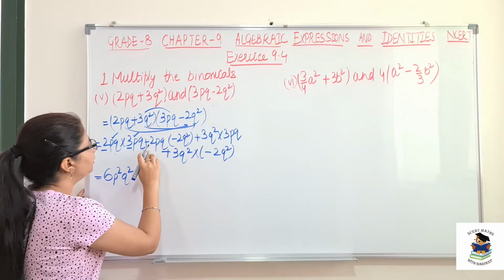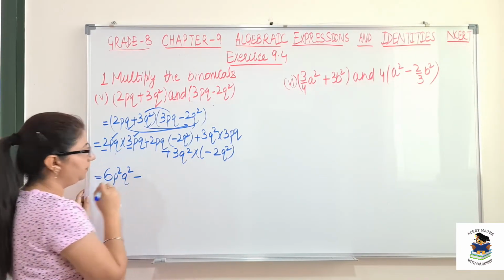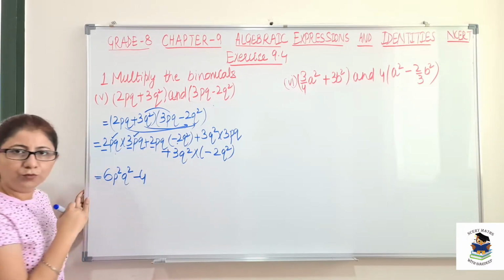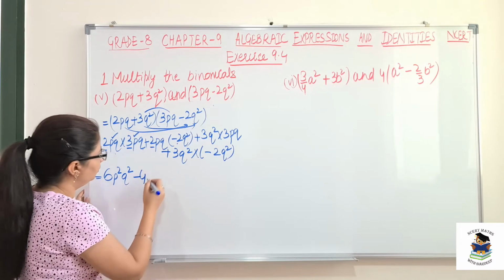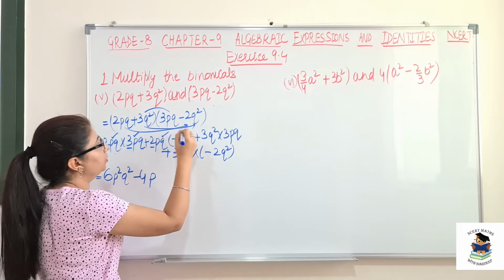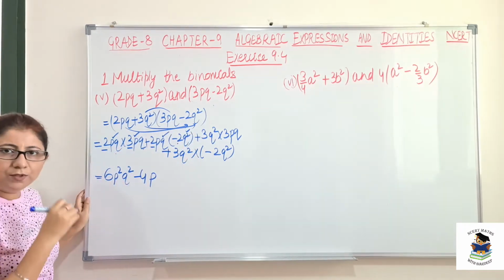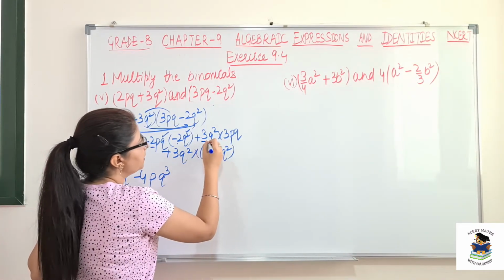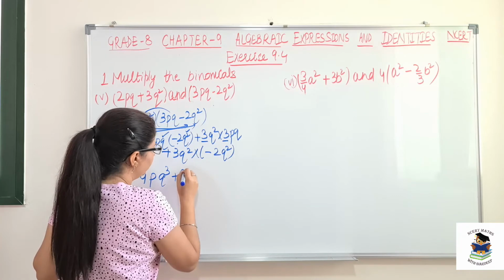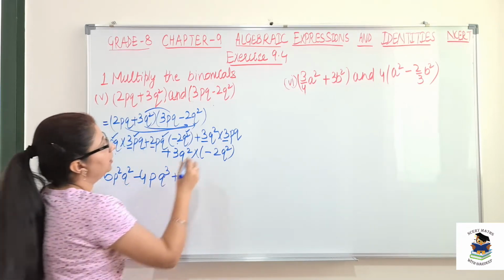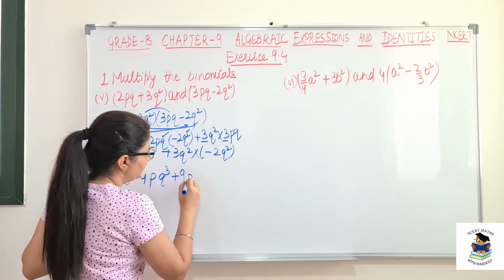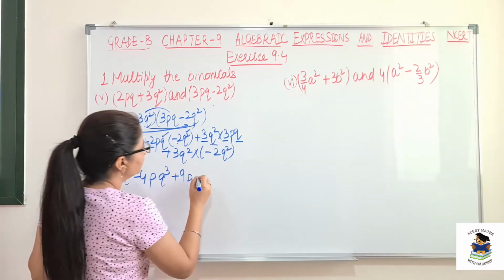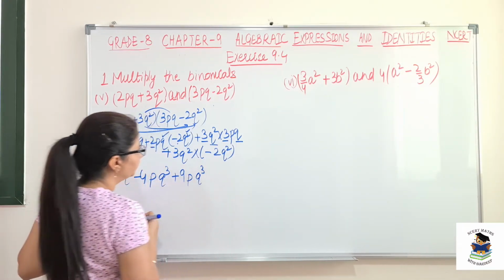Okay, so now this plus and this minus will be minus. 2 into 2 as 4, p only one p, q into q square. So this will give me q cube. Next is 3 into 3 as 9, p as it is, q square into q. Again 3 times q. So I will get q cube.